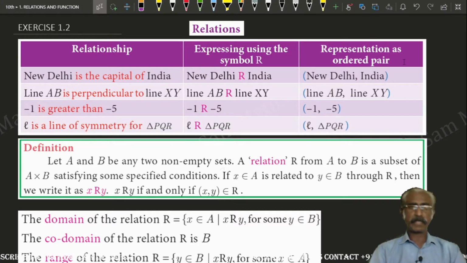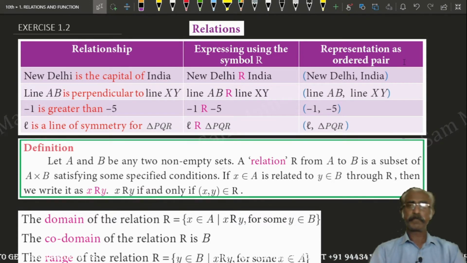Now we can see the definition of relation. Let A and B be any two non-empty sets. It should be non-empty. A relation R from A to B is a subset of A cross B. That we learned in the previous video.